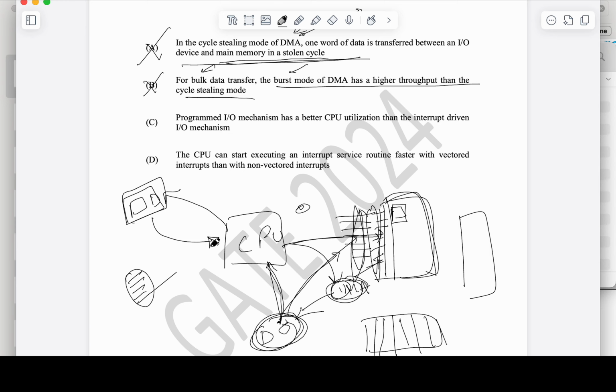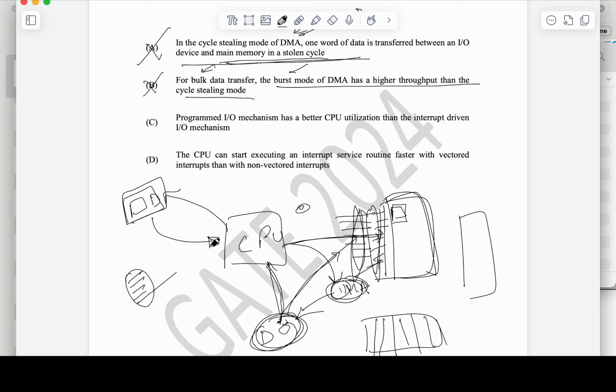It wastes the CPU cycles as far as we are concerned, compared to interrupt driven mechanism. So this statement, if interpreted that way, would be false, right? So let's keep it aside and then go to fourth statement. If fourth statement is also false, then C is answer directly, but C does seem to have some falsehood to it. So let's keep that in mind and let's go to D option.